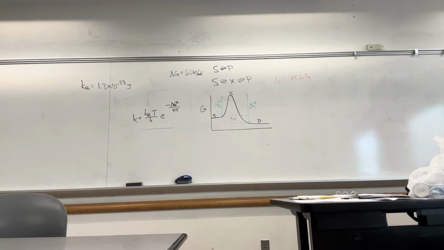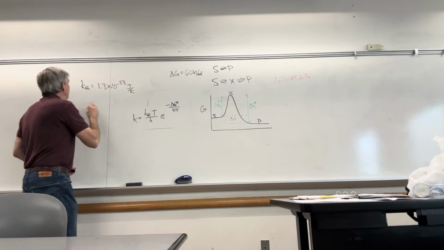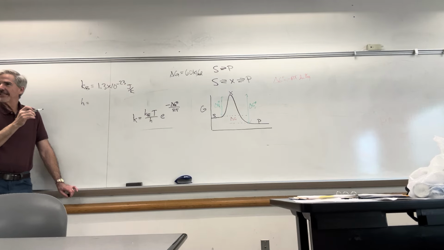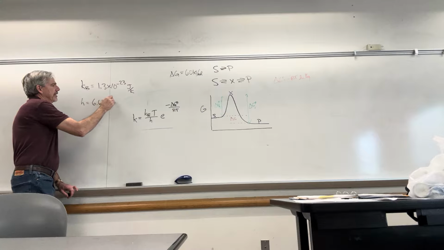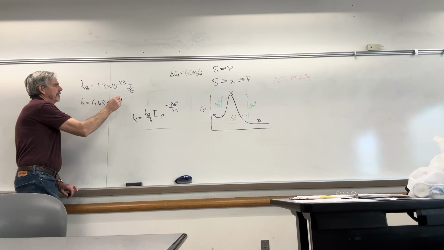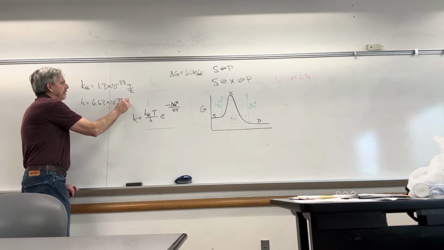And then the value for H is 6.63 times 10 to the negative 34 joules per second.